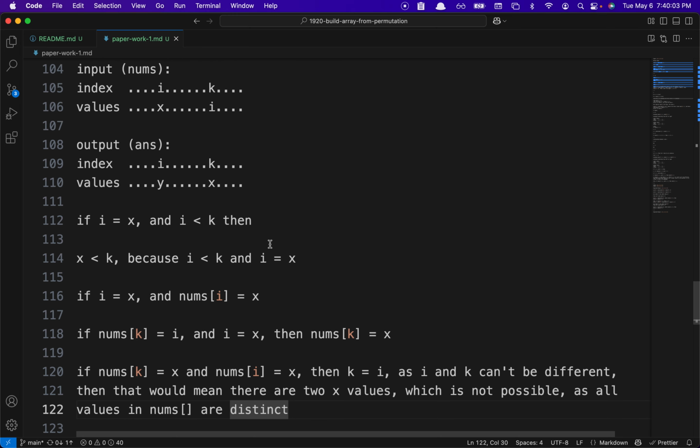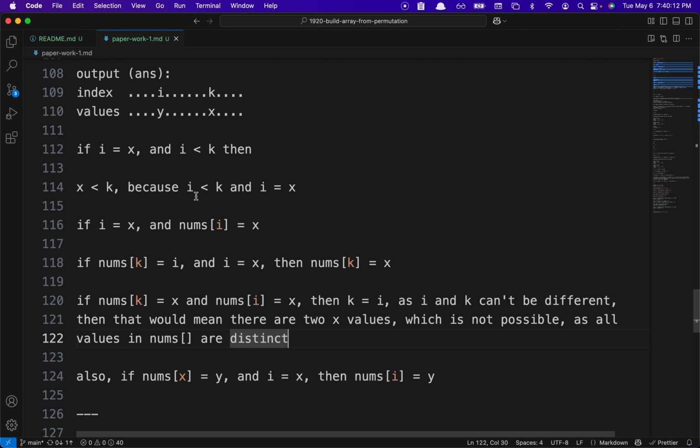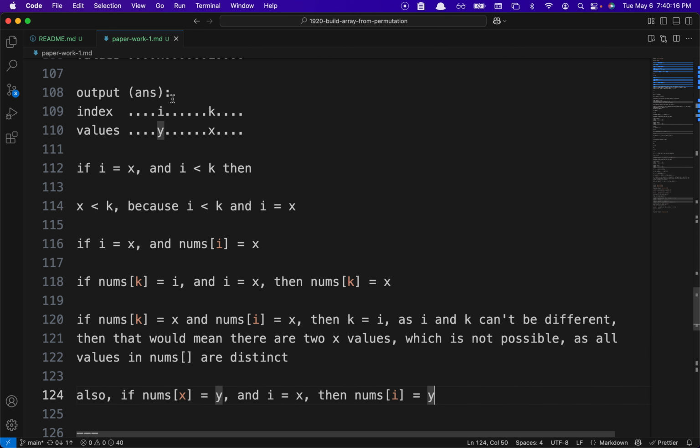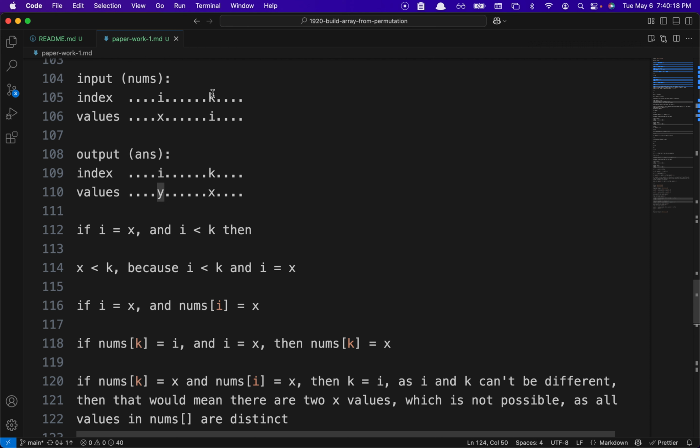So k equal to i, so let's say i, k. So if k equal to i is equal to x, that's all. So if none more, you can just say that, right? Because if k and i are the same, then you're saying nums of i is x.